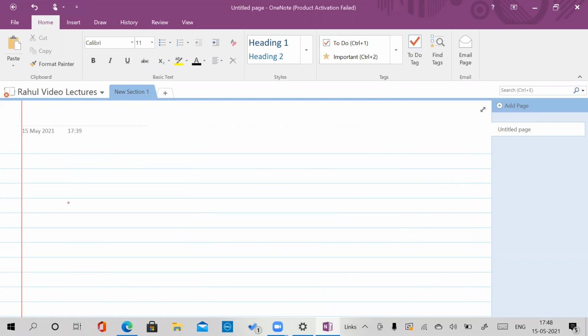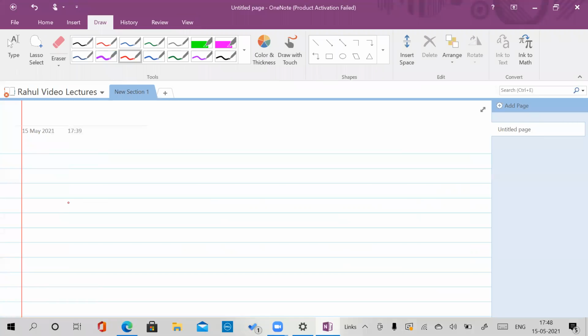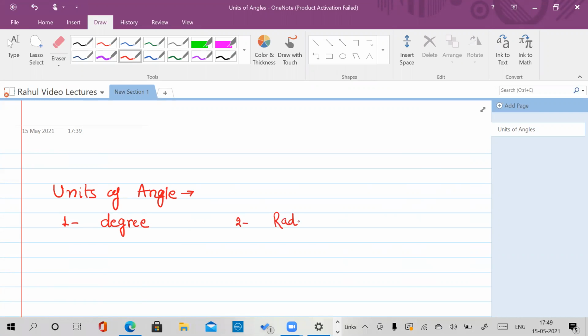Units of angle: one is degree and the second one is radian.